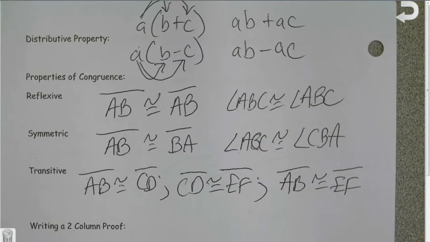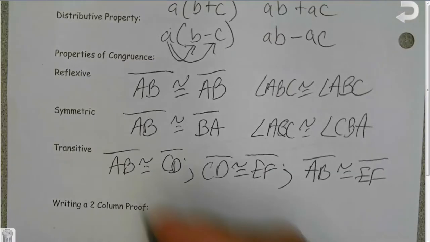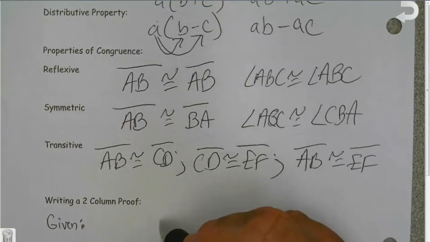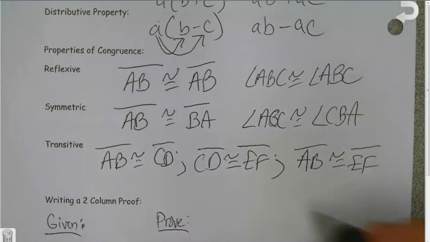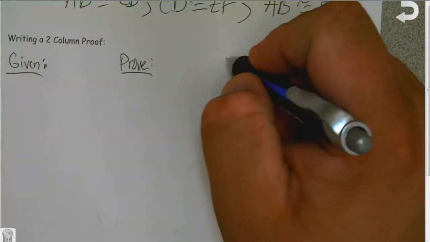Okay. So we're going to use all this information to do what we call writing a two-column proof. And so in a two-column proof, we're always given something, and we have to prove something. And so I'm going to draw a picture here, and we're going to look at the picture and then prove something to be true.